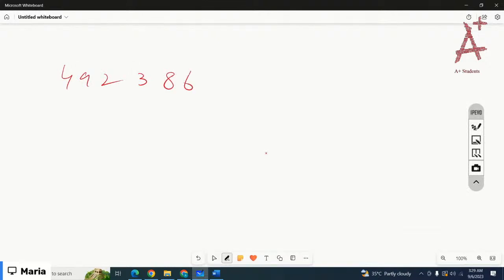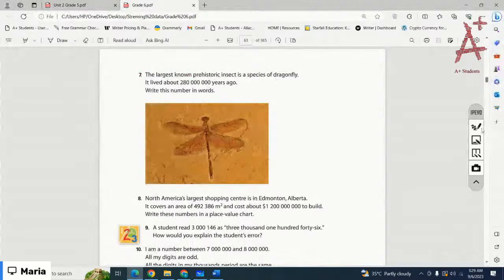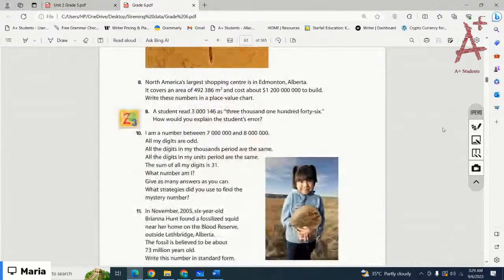Let's just make them in a place value chart. Ones, tens, hundreds, thousands, 10,000, 100,000, right? That would be the place value chart for this one, and you can make it for the other number also, right?